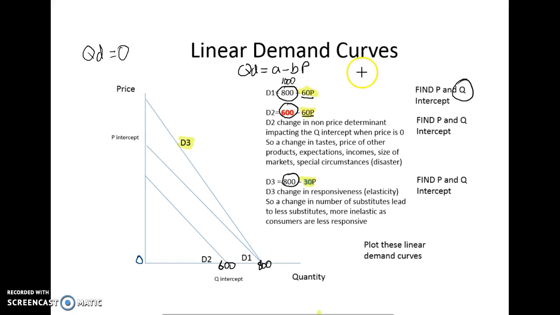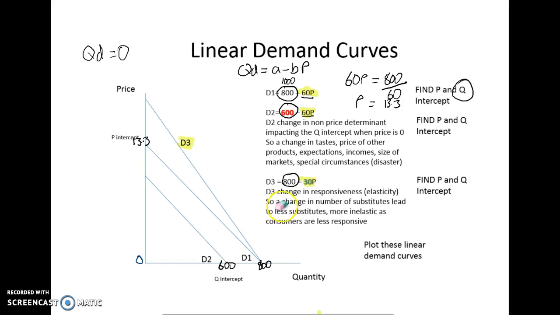So for this formula, that means we're going to add 60p to both sides. So 60p becomes equal to 800. Then we divide both sides by 60 to leave p, and that will give us 13.3. So that gives us the p-intercept for D1, 13.3.